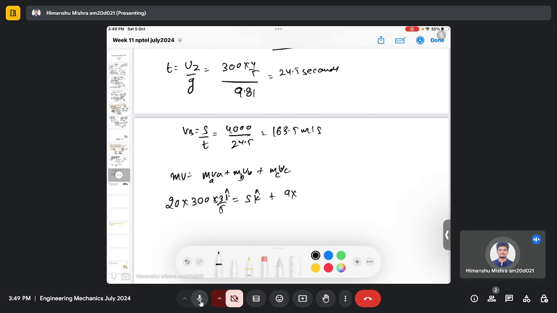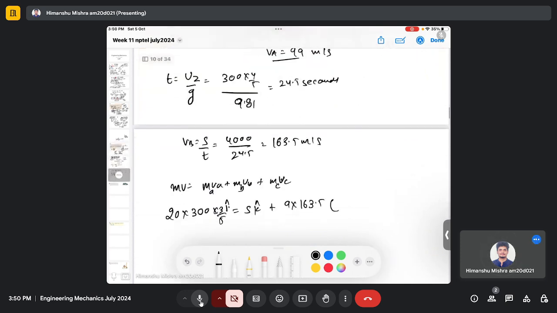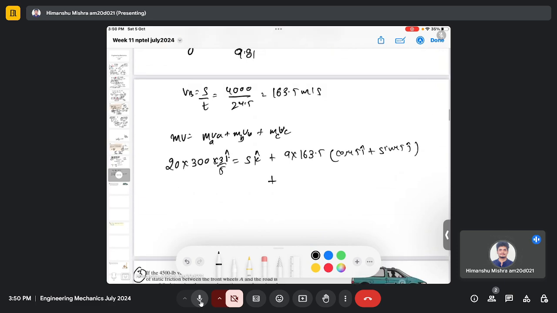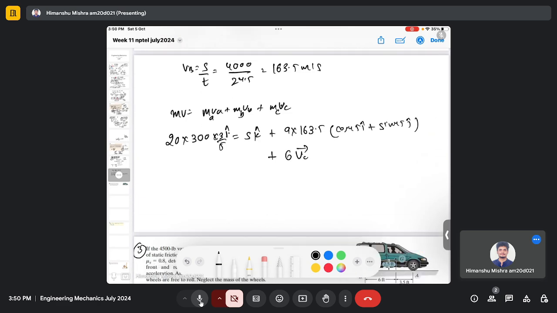And my velocity VB is 163.5. So this is a magnitude. And what is the direction? You can see it is in both x and y direction at an angle 45, right? So I cos 45 in the x direction and sine 45 in the j direction, plus the mass of particle c, which is 6 vc.